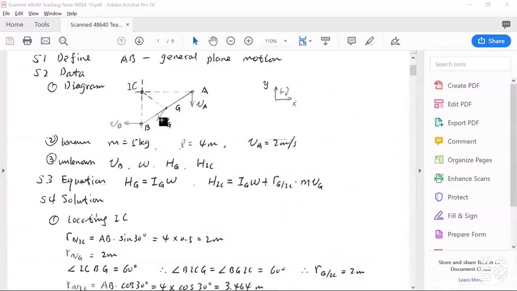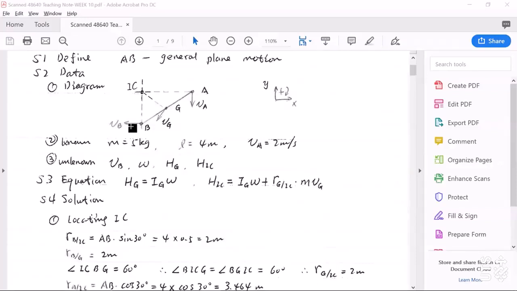Okay, now let's solve this problem. We know this bar AB undergoes general plane motion. So we can draw a kinematics diagram. In this diagram, at point A, we have VA, vertical downward. At point B, VB, the direction must be to the left, and this is horizontal.